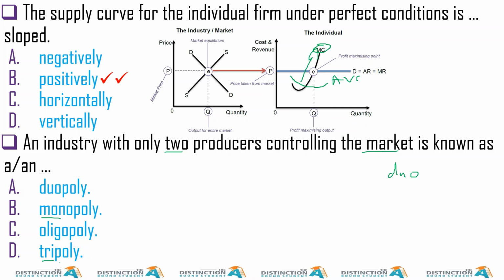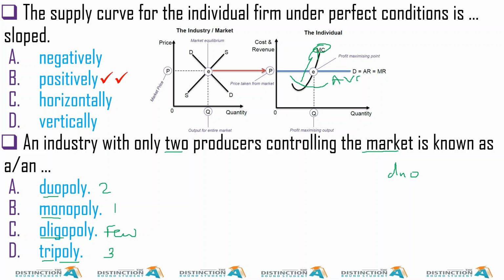All right, so this will be three. You see, tripoly. And again, we say poly means seller. So three sellers. Here it will be only, this one comes from Greek, whatever, and they say it means few in Greek. And then mono means one. So this in Greek means few.